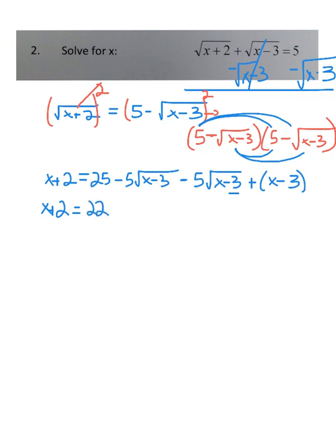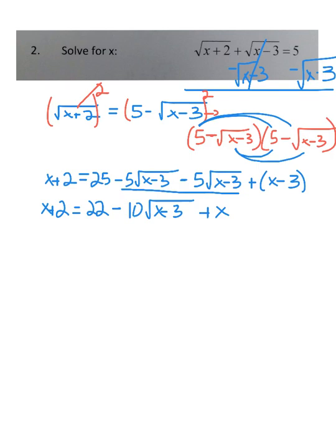Then I've got these two radical thingies here, so I'm just going to add like terms. Well, I know negative 5 and negative 5 is negative 10. And then we just bring the radical x minus 3 down for the right. Okay? And then the last thing I have, and let's not forget that, is I still have this plus x here at the end. So I want to just write plus x.